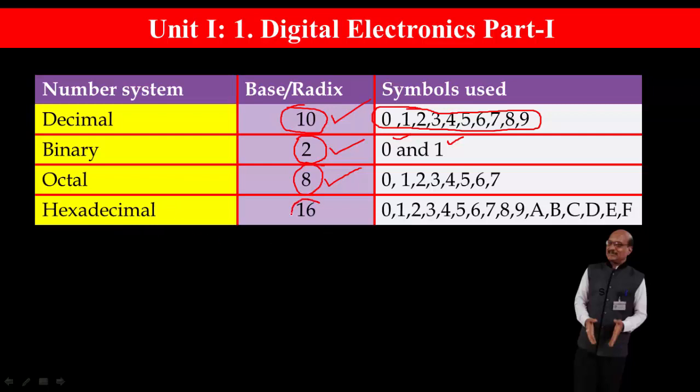So in hexadecimal number system we use 16 symbols 0 through 9 and A to F. So these are the different number systems which are used in computers. Particularly in computers we use a binary, octal and hexadecimal number system to represent a data, information, any character.